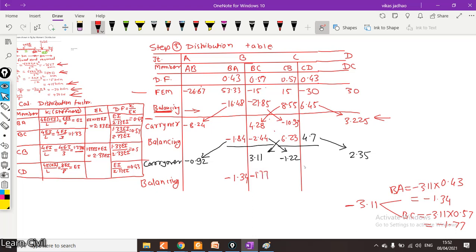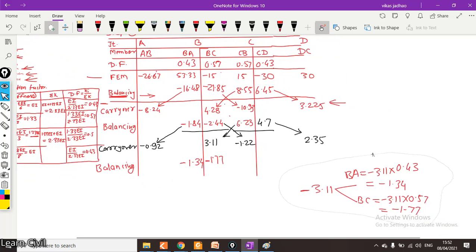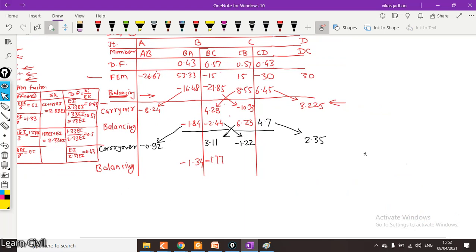Apply this balancing moment of minus 1.77 here. Similarly, at joint C, we have an unbalanced moment of minus 1.22. For balancing, we have to apply a balancing moment of plus 1.22, and this will be distributed among CB and CD.